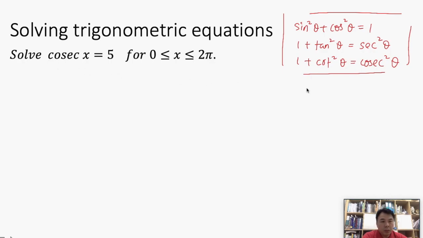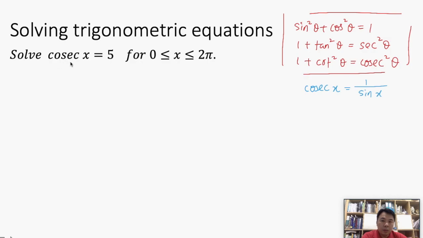Cosecant x, or cosecant theta, is basically 1 over sine. Most of the time we confuse cosecant by writing 1 over cos x because it rhymes with cos. So be very mindful that it is the reciprocal of sine.